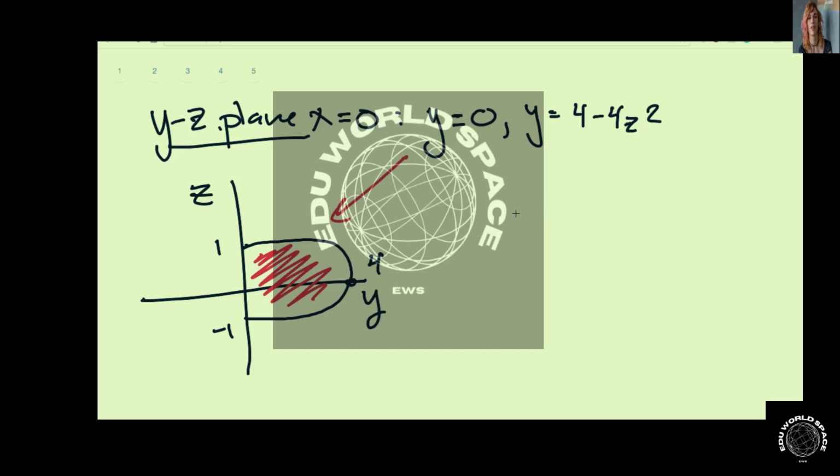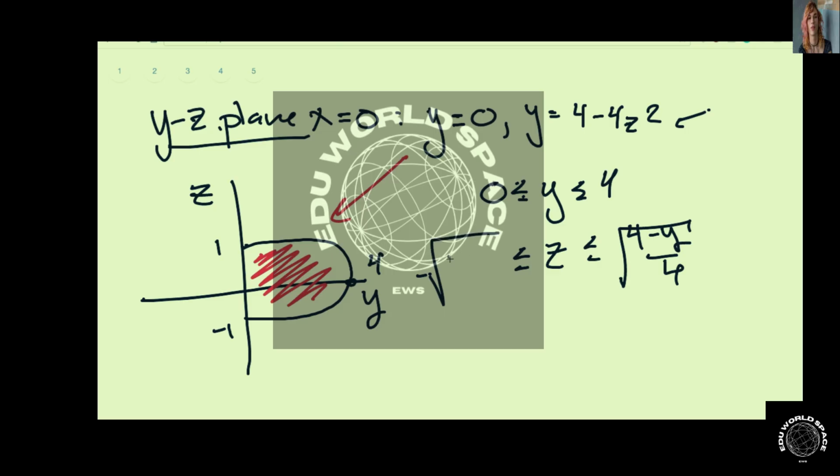It really doesn't matter what region we do first. Let's do it as region 1. So y goes from 0 to 4. And how are my z's going to be ranging? Well, we need to solve for z here. Once we solve for z, we get plus and minus the square root of (4 minus y) over 4.